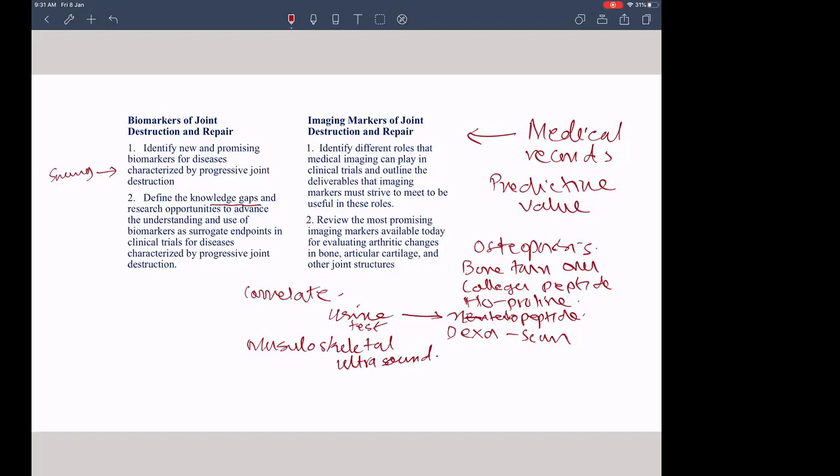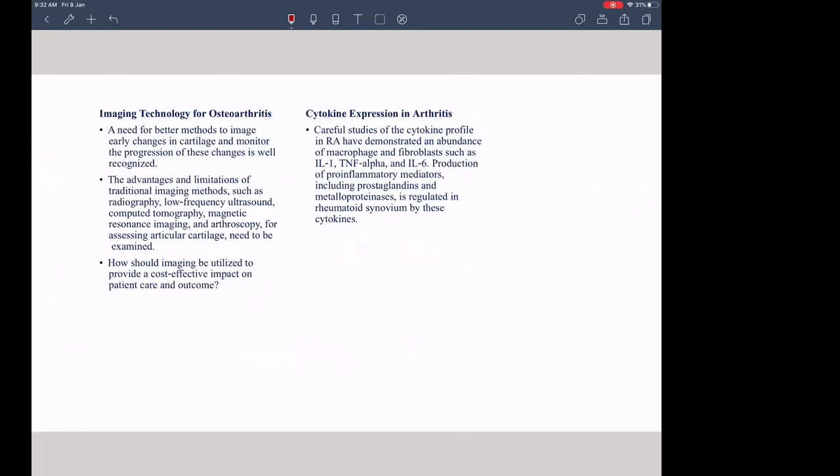That's great. Then again, imaging technology for osteoarthritis. You have already mentioned that, right? So do we need a better method of imaging and all that? And cytokines. Sorry, I am trying to speed up, maybe I am going very slow.